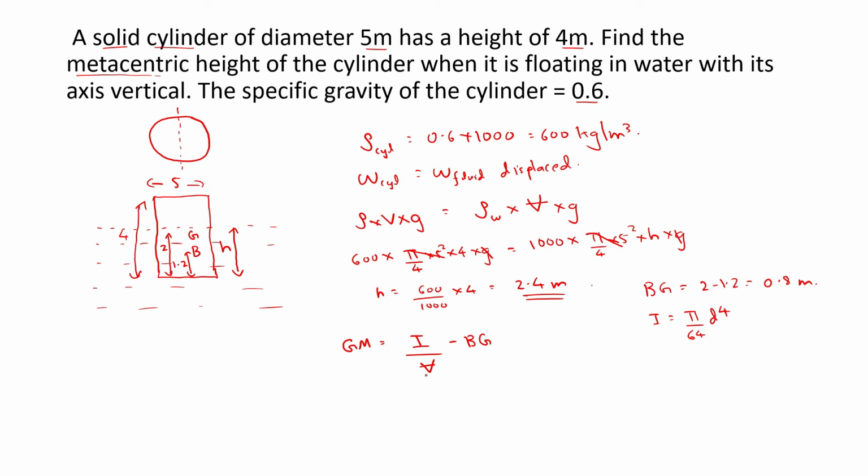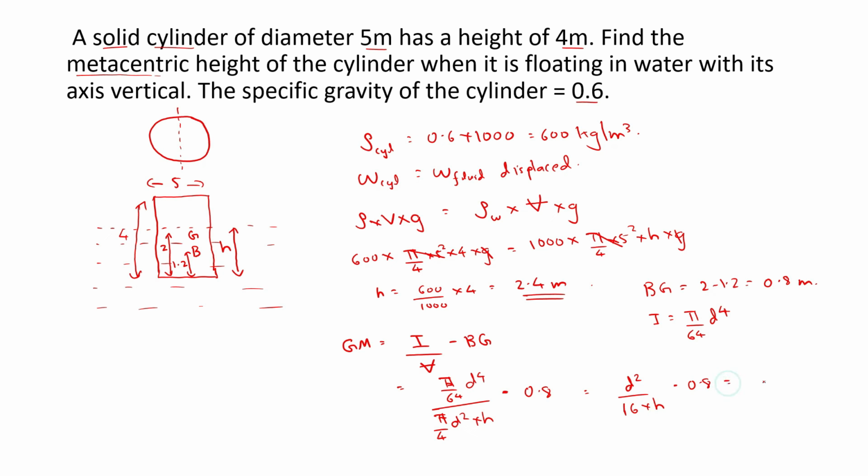And the volume displaced, you know the formula, is pi by 4 d square into h. Minus BG, which is 0.8. So that is equal to d square by 16 into h minus 0.8.